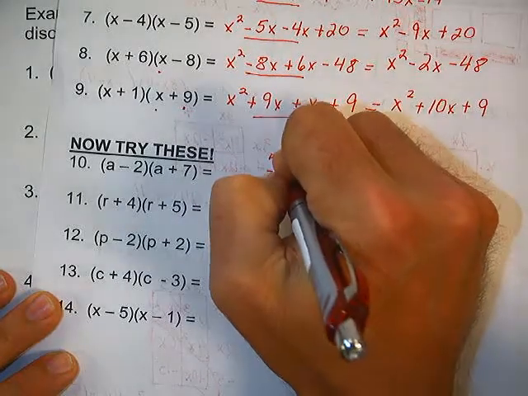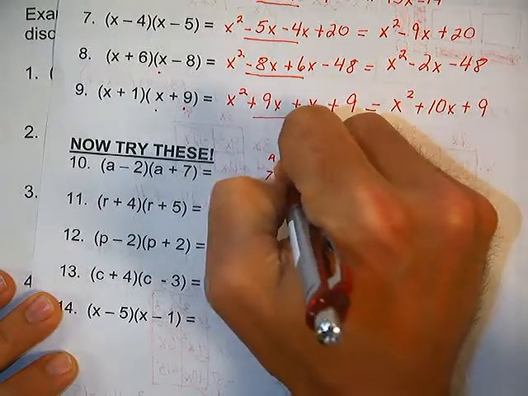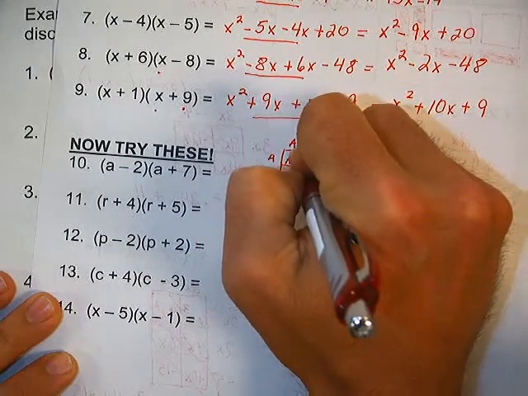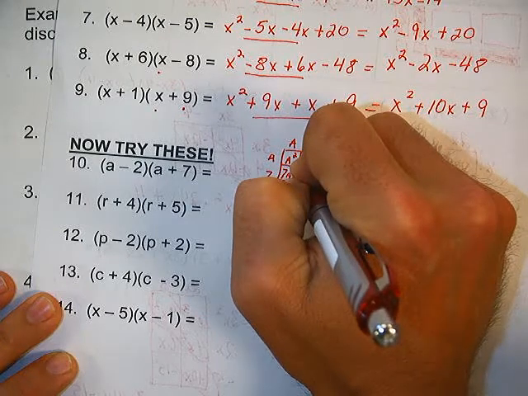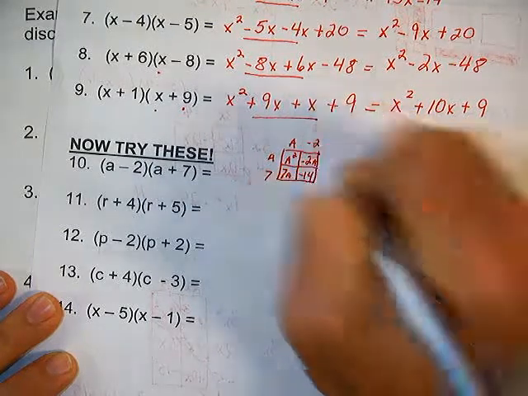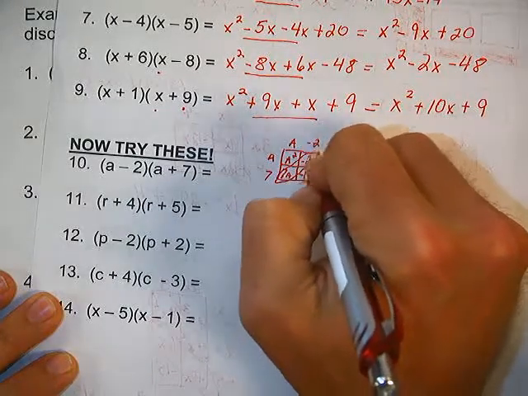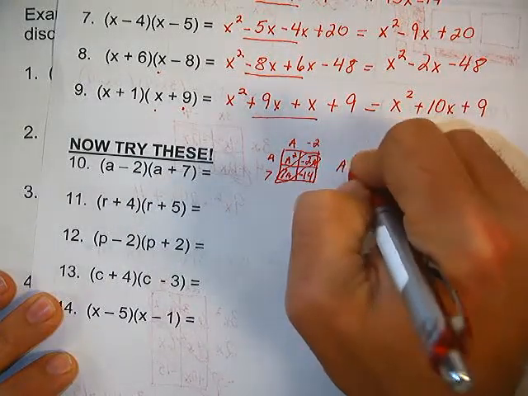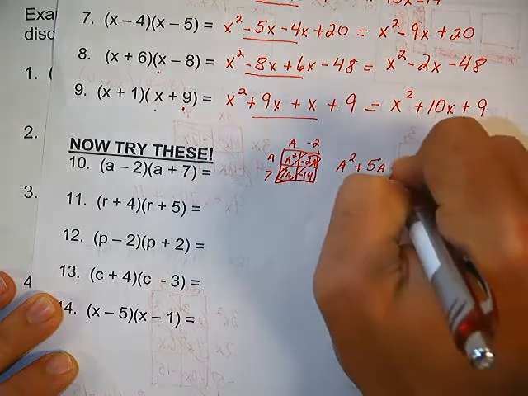A times a is a squared. A times 7 is 7a. Negative 2 times a is negative 2a. And negative 2 times 7 is negative 14. Combine the like terms. Have a squared plus 5a minus 14.